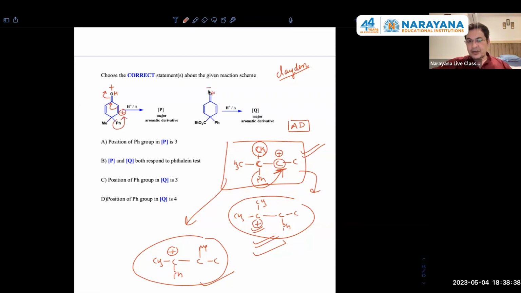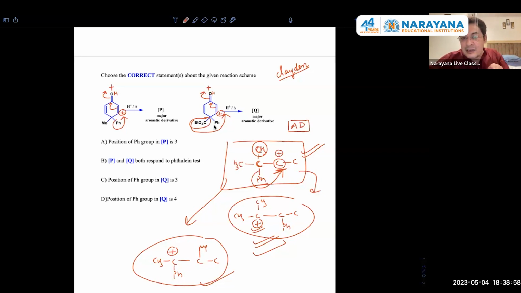Don't migrate phenyl, because if the cation becomes adjacent to the ester, it becomes unstable. So the culprit unit which creates instability is the one we need to migrate, instead of using migratory aptitude.